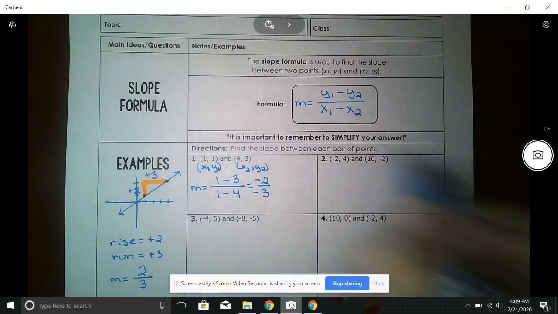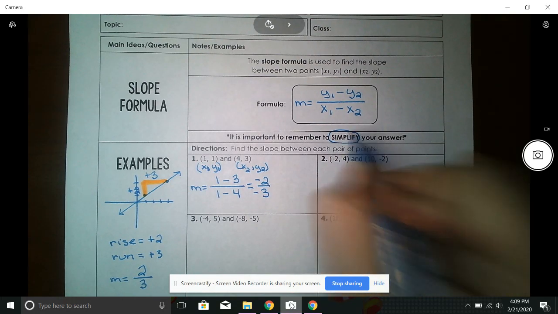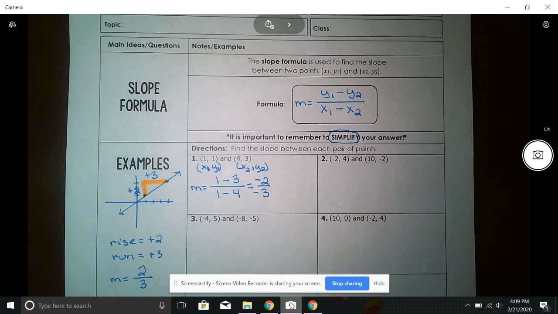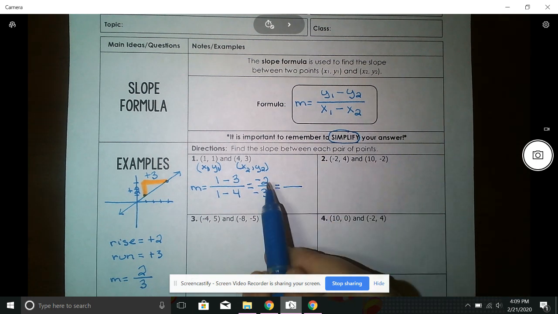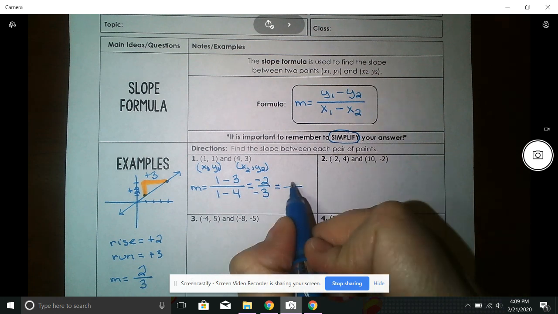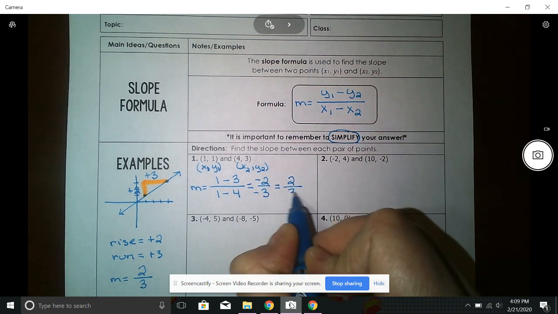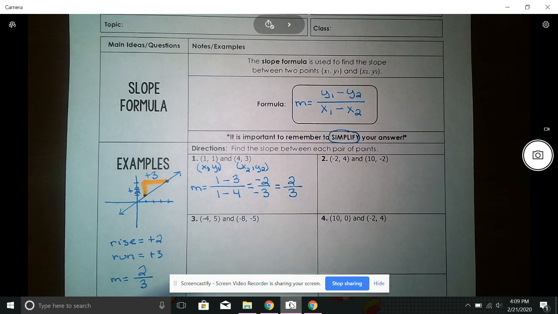And it's time to simplify. A negative divided by another negative comes out positive, and 2 over 3 can't be reduced, so this reduces to a positive 2 over 3. So we've just confirmed what we have already known. We're just doing this in a more formulaic way instead of plotting the points and counting.